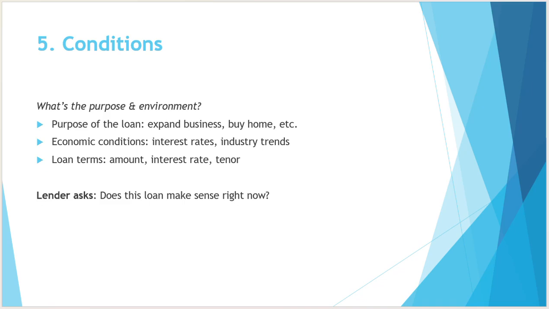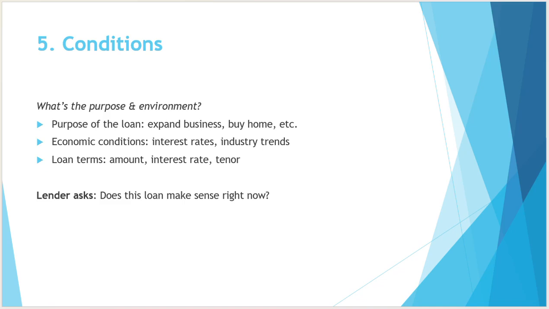So he will get the loan, and for the condition we need to check the economic conditions, interest rate, industry trend, or market conditions. On those economic terms, is he able to pay the principal and the interest charged by the lender? Sorry, by the lender, not the borrower.